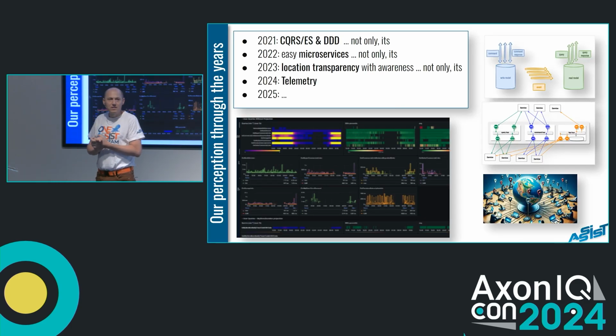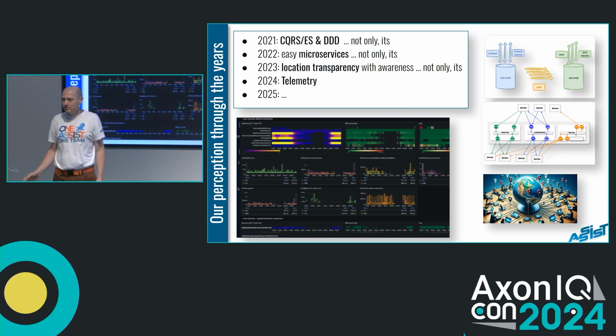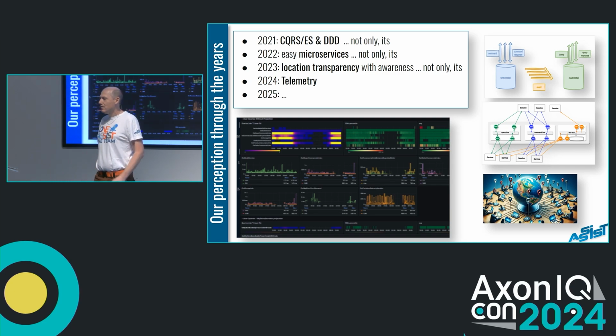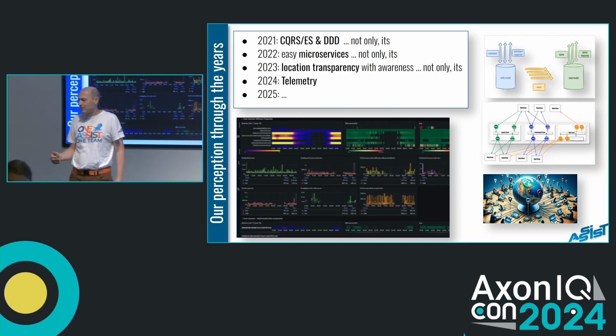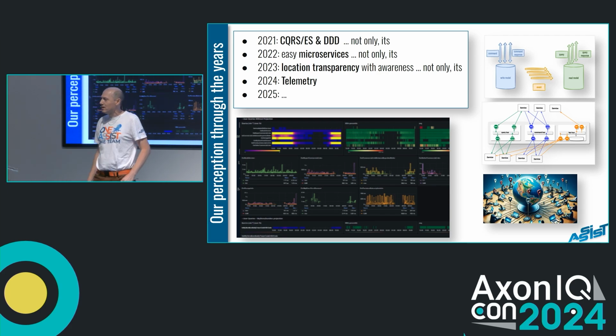When we started with Axon technologies in 21, with some big applications, we thought that CQRS, event sourcing and domain-driven design was actually the gold. In 22, we started to distribute it into microservices, and Axon helped us a lot with that.